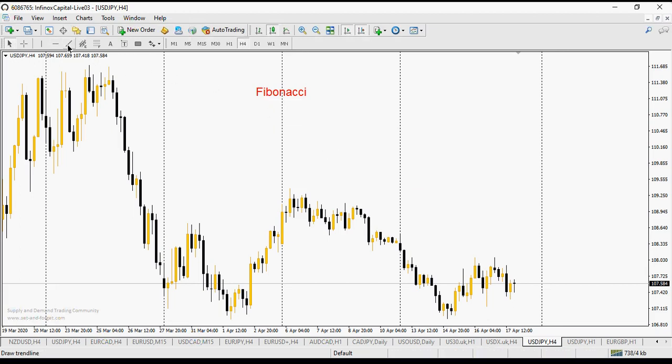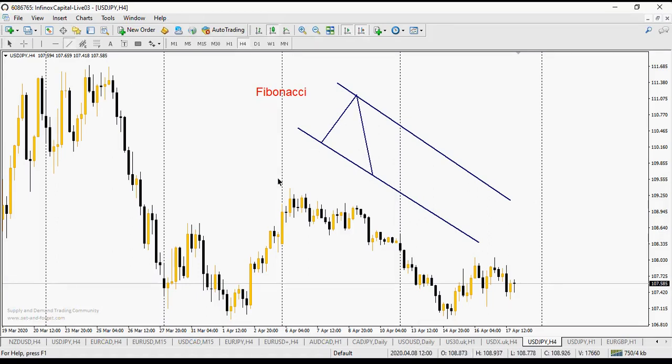Now we know that when we have a trend, for example a bearish trend, we expect it to be forming a lower low, lower high, lower low, lower high.